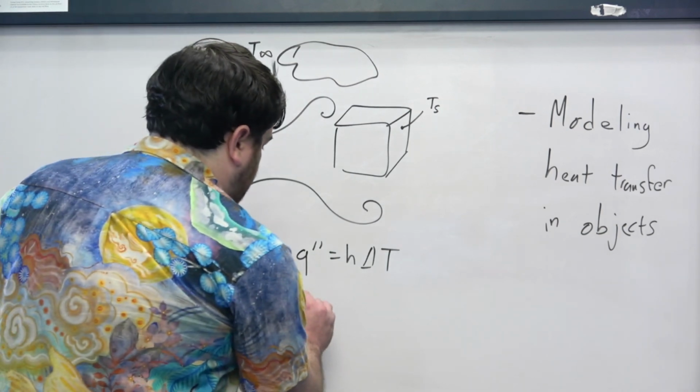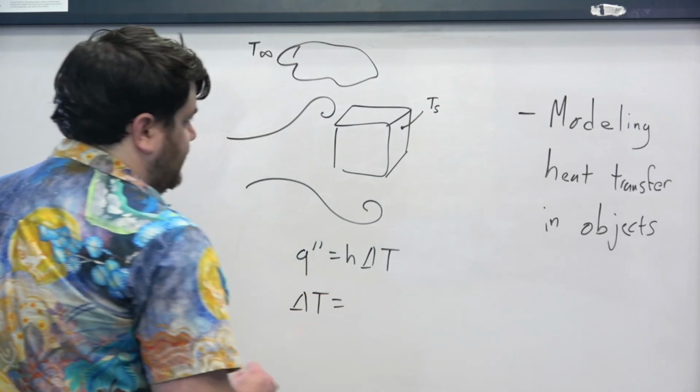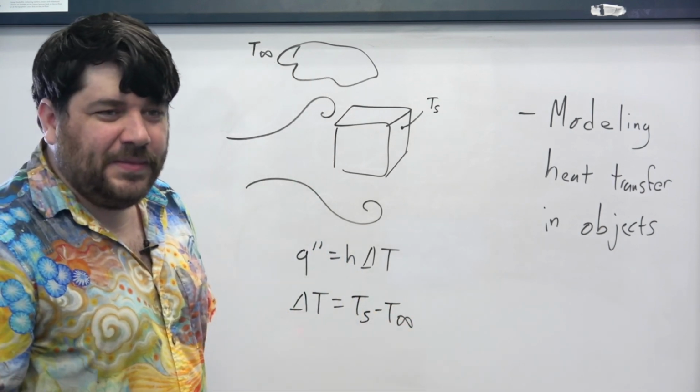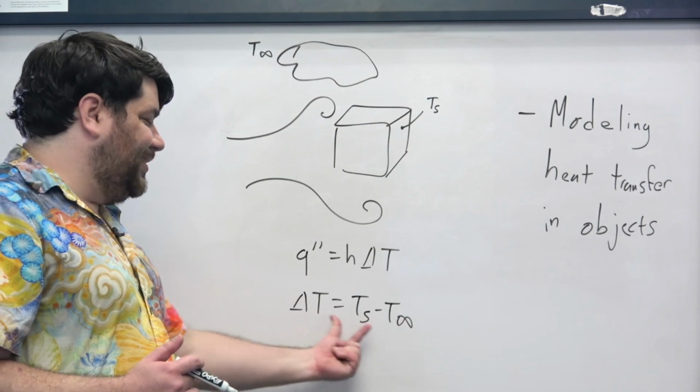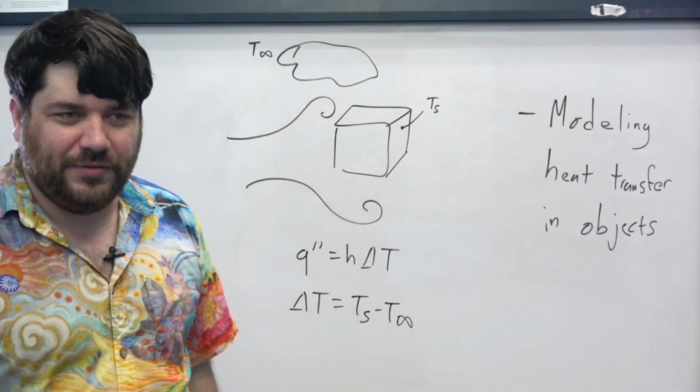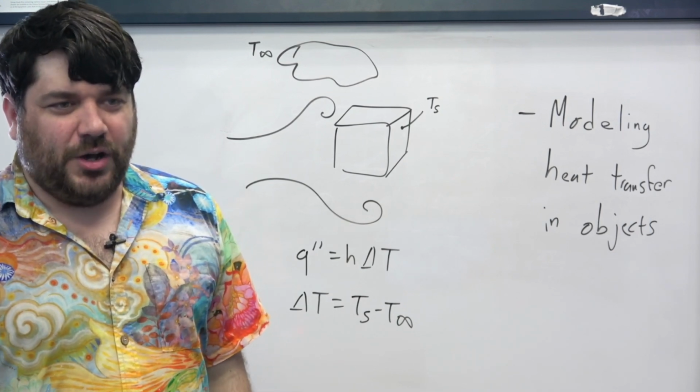And so we would define in this scenario the delta T to be Ts minus T infinity. Why? Because when this is positive, assuming, of course, that the heat transfer coefficient is positive, which we always will.